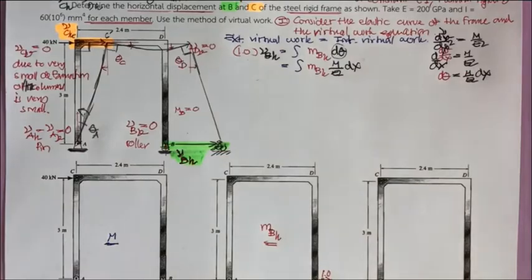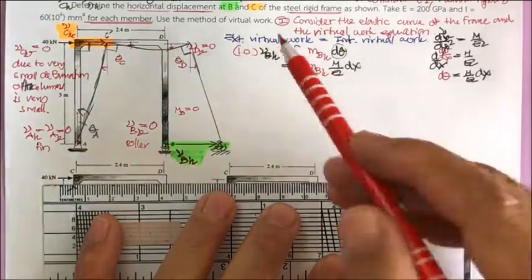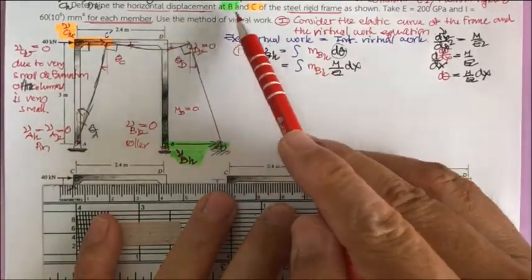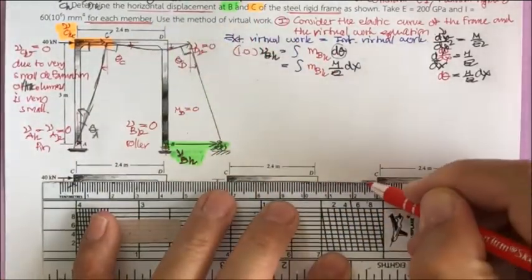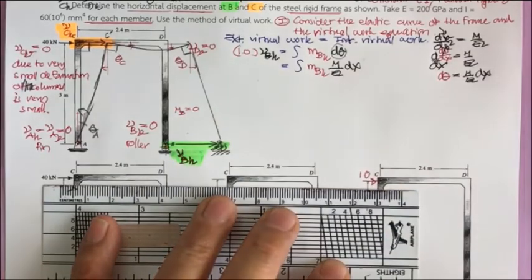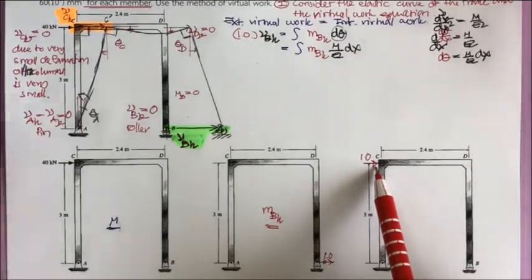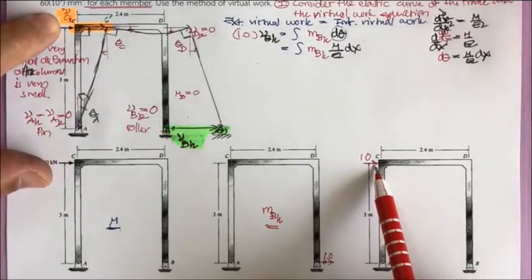And again, if we put the 1.0 unit force, this time we would like to determine the horizontal displacement at C. So we go to C and put the 1.0 force there. This 1.0 force is going to be times this real displacement.